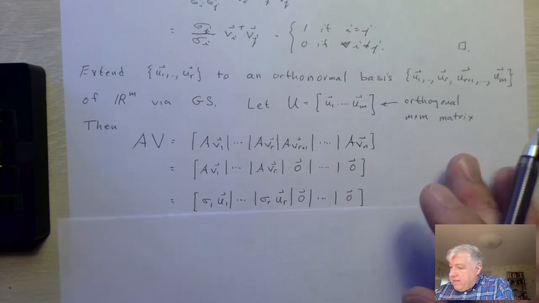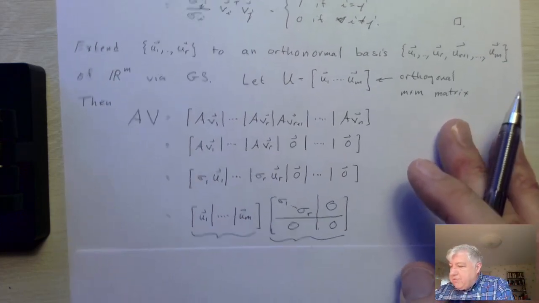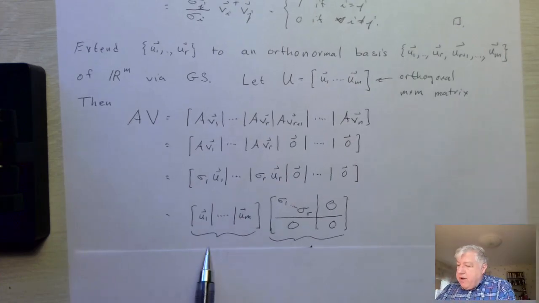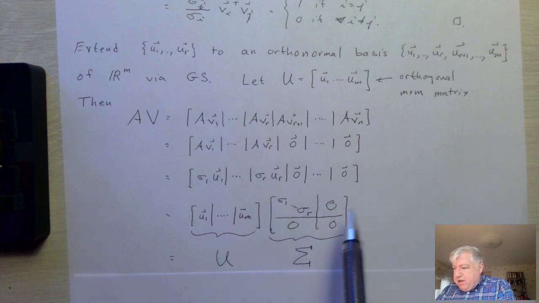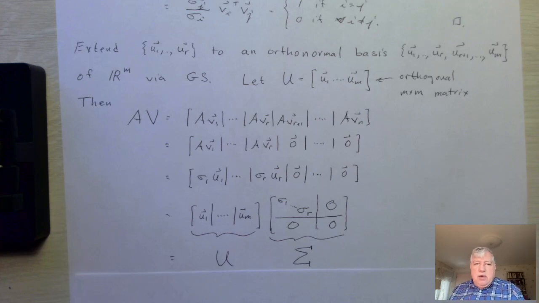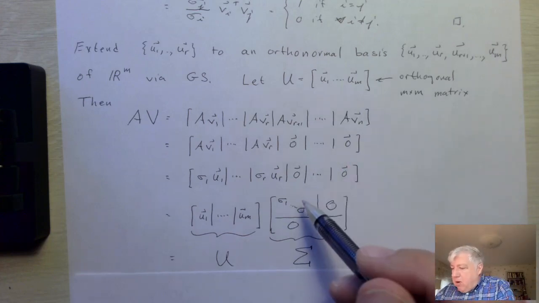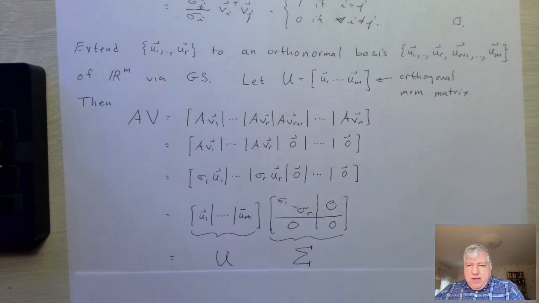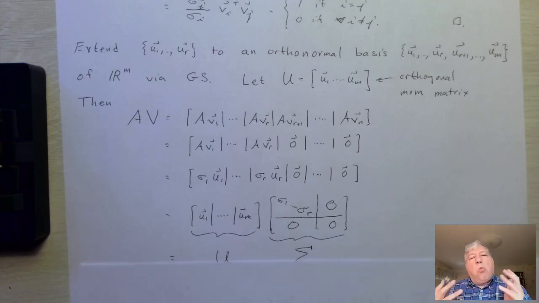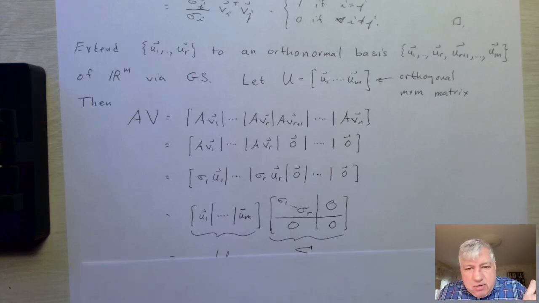All right, and then comes this amazing little trick, that we can actually write this as our matrix U, which is U1 through Um, times this new matrix we're defining as sigma. It's not quite a diagonal. The only part of the diagonal consists of sigma 1 through sigma r, and then everything else is 0.